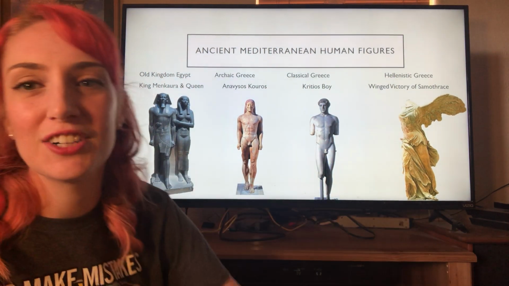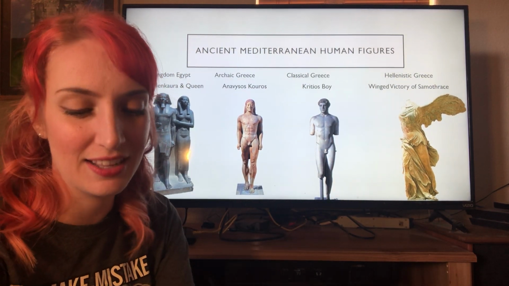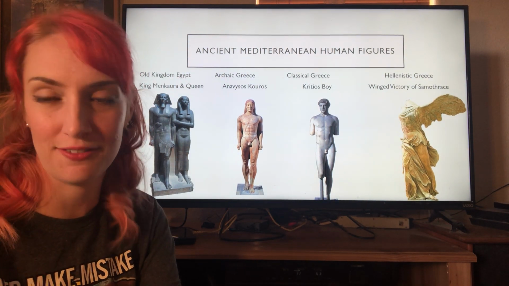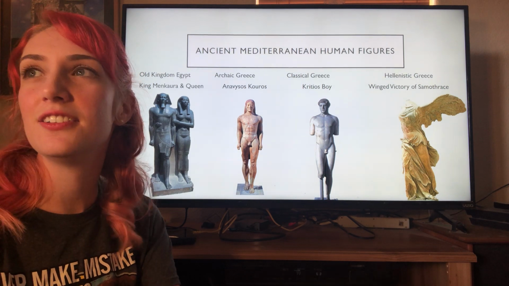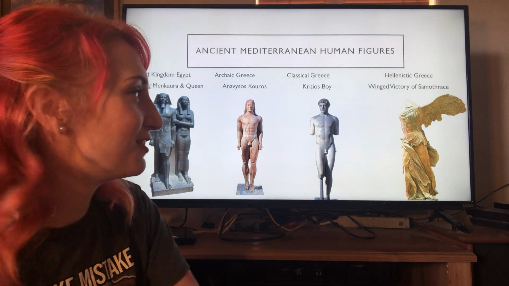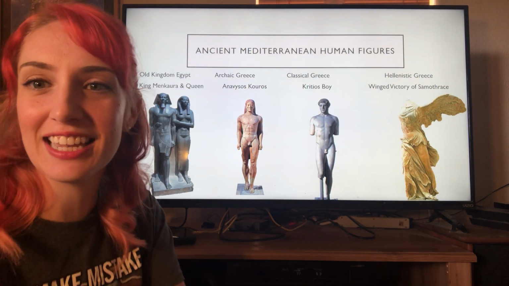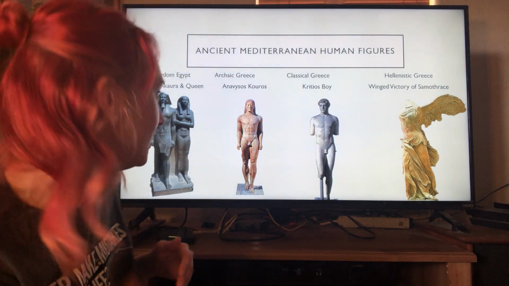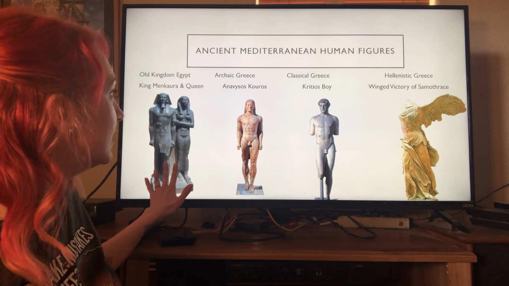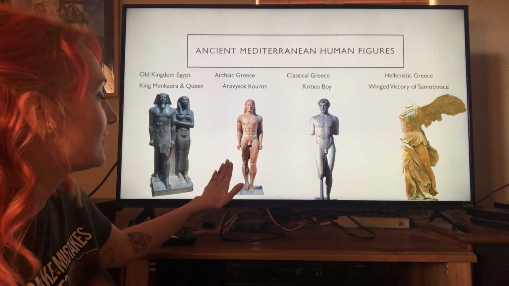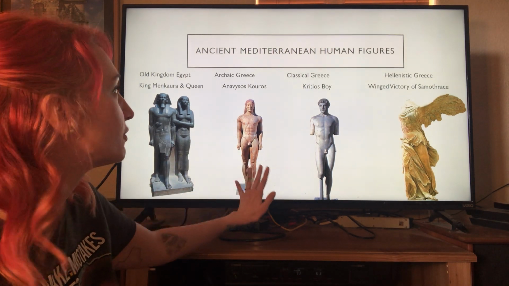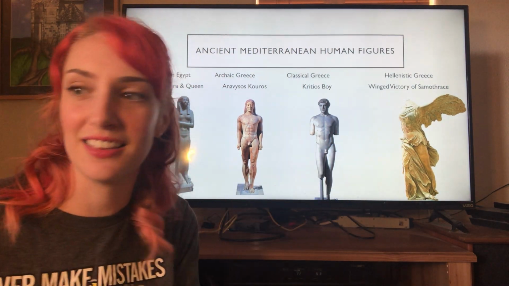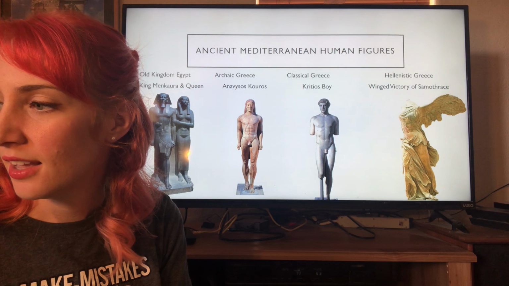Remember that Winged Victory of Samothrace is placed on the naval coast as part of a fountain to honor naval victory. So she is really interacting with her environment in a very dramatic way. So we go from very rigid in Egypt and archaic Greece to this potential for movement, and then to very dramatic movement during the Hellenistic time period.